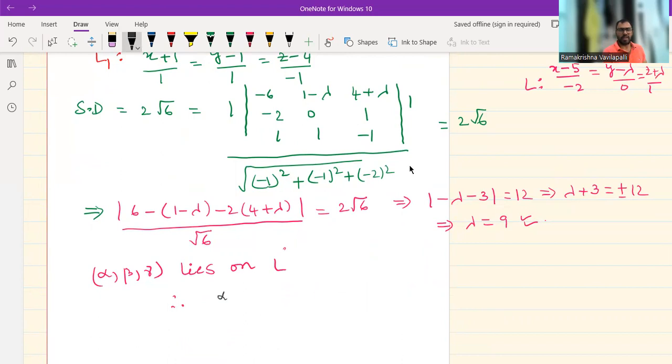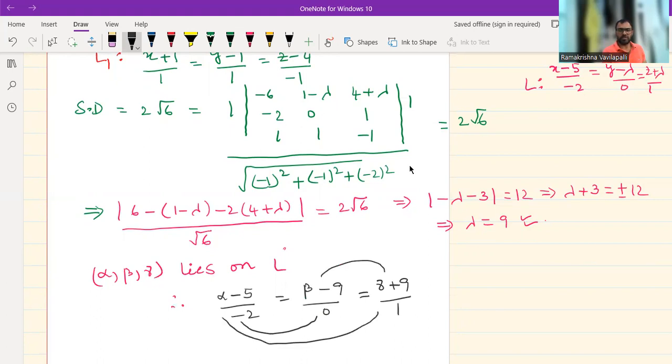So therefore, alpha minus 5 by minus 2 equal to beta minus lambda value is 9 by 0 equal to gamma plus 9 by 1. You just take cross multiplying first 2 and next 2 and first and last. You will get the results. So this implies, you see, that alpha minus 5 into 0 is 0.